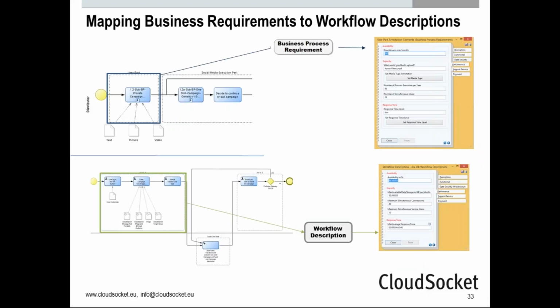This is what we show here. So we collect the requirements from the business processes and the workflow descriptions, and then we make a mapping between the two. We look at the corresponding attributes, in this example the availability, and we compare the availability that is defined as a requirement with the availability that is described in the workflow description.